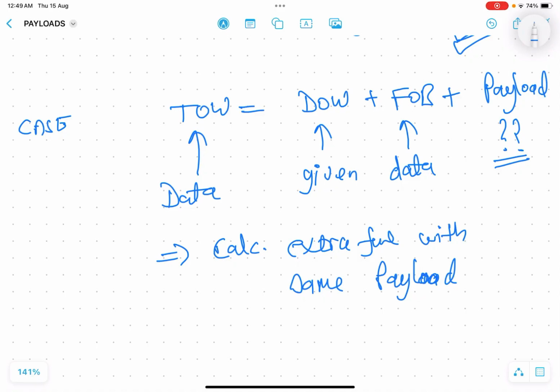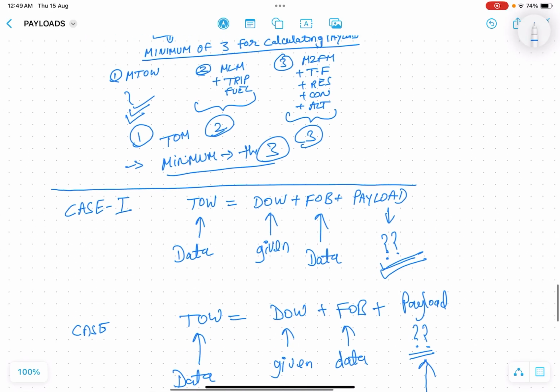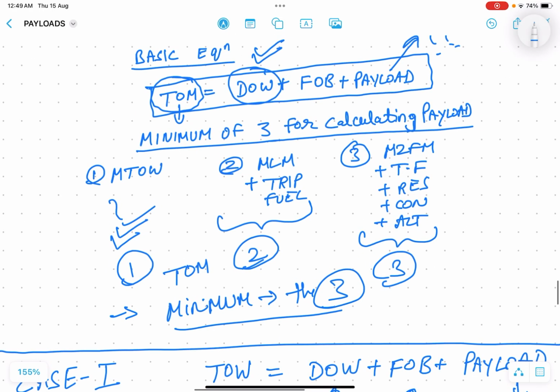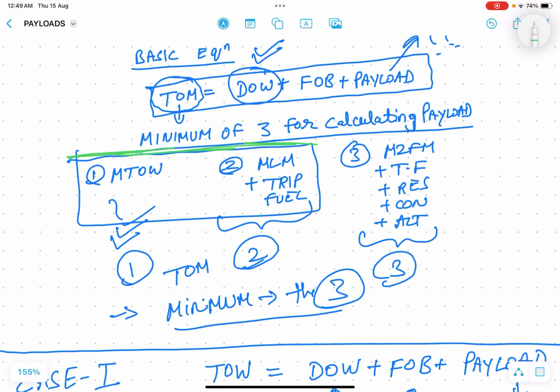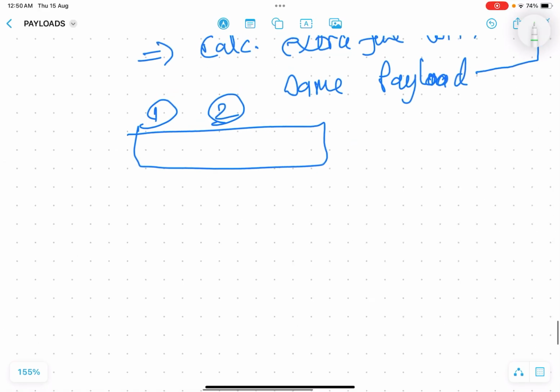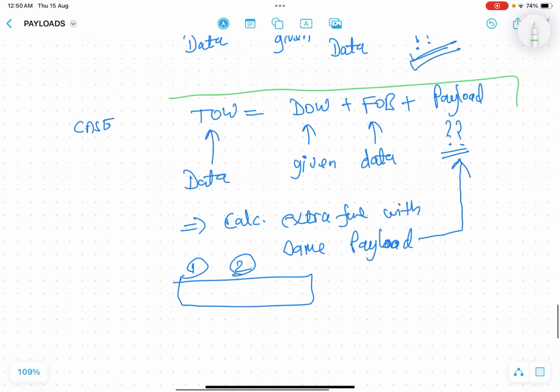Now what you will do is you have already calculated the payload. Now consider the minimum of the first two takeoff masses. Let me show you again. These two. From these two quantities you will consider the minimum quantity and calculate the extra fuel with this equation.